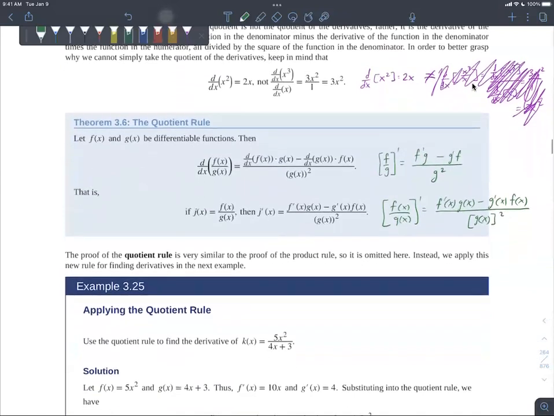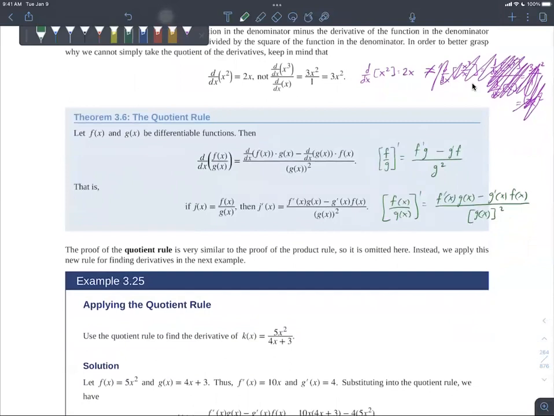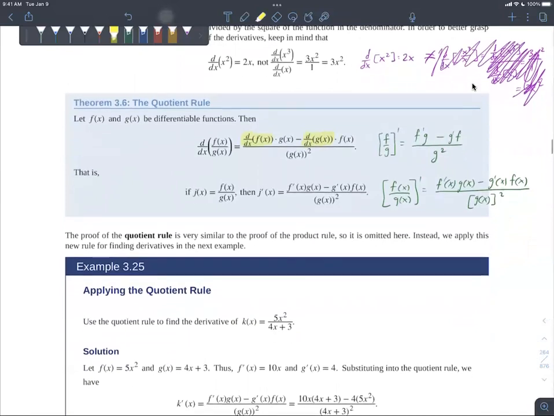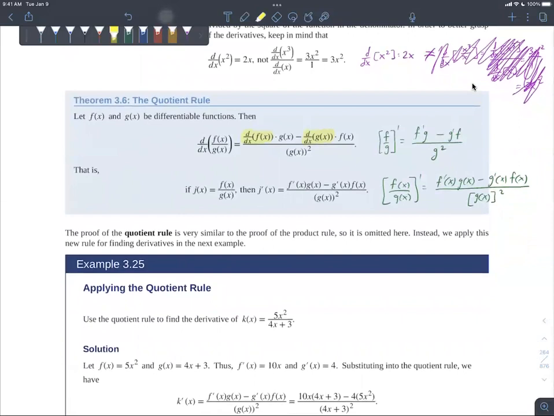Okay, so however you want to write it, and you can also use the d dx notation. This is f prime here times g minus g prime times f all over g of x squared. The proof of the quotient rule is very similar to the proof of the product rule, so it is omitted here. Instead, we apply this new rule for finding derivatives in the next example.